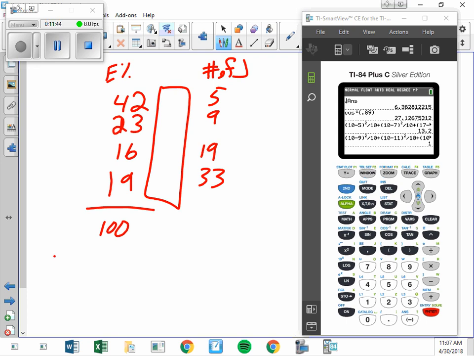I need to do 5 minus something squared over that same something, plus 9 minus something squared over that same something. Where do these numbers come from? It's the expected number. Do I have the expected number? No, I have.